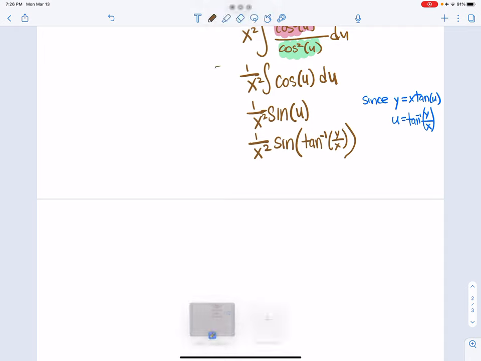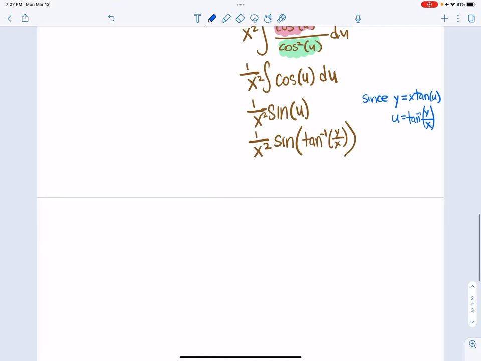And if this idea of seeing sine and then an inverse tangent inside the sine scares you because it looks confusing, let's actually look at it visually. We'll see that it's actually not that bad. First let's look at the inverse tangent of y over x, right?